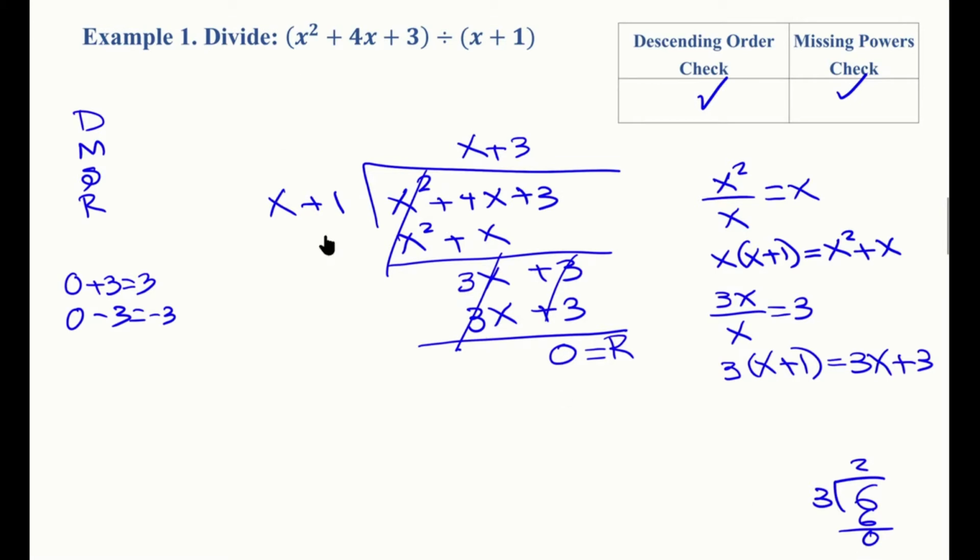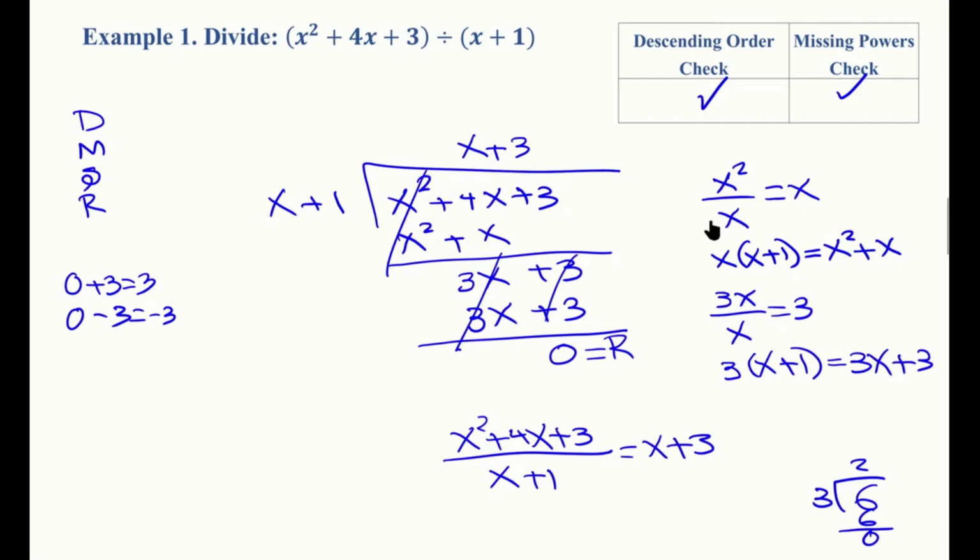This means x plus 1 goes into x squared plus 4x plus 3 exactly x plus 3 times, and it will leave nothing behind. So basically, we have just shown that x squared plus 4x plus 3 divided by x plus 1 equals x plus 3.